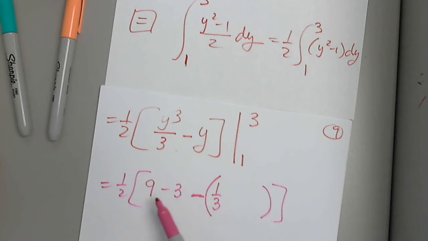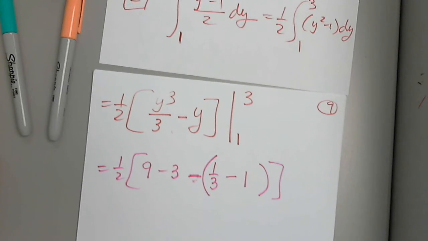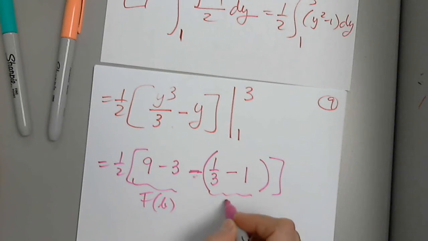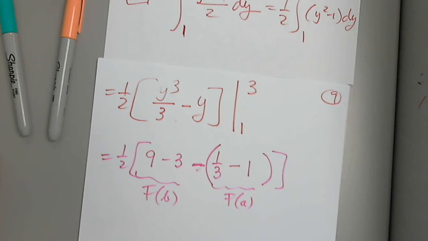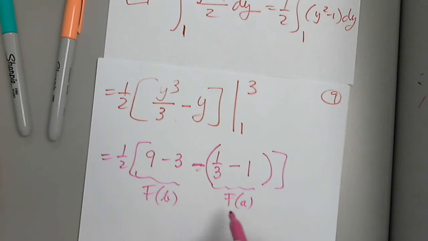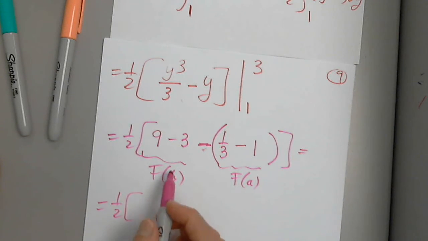So we plugged in 3 and we got this, but now minus, when I plug in 1, I get 1/3 minus 1. So this is f of the upper limit and this is f of the lower limit. F of b, f of the upper limit, which is f of 3 minus f of 1, which is all this.